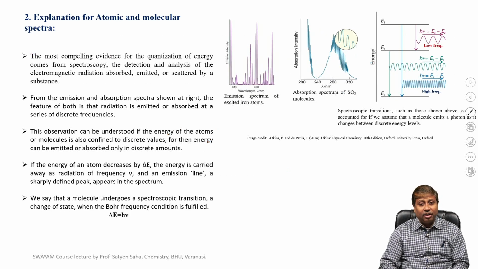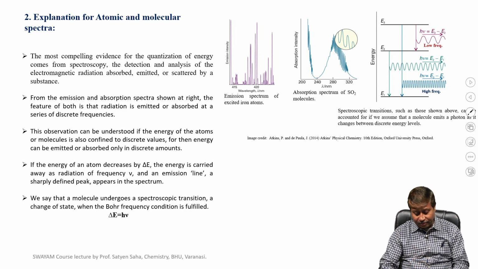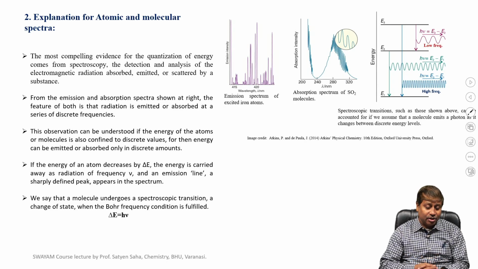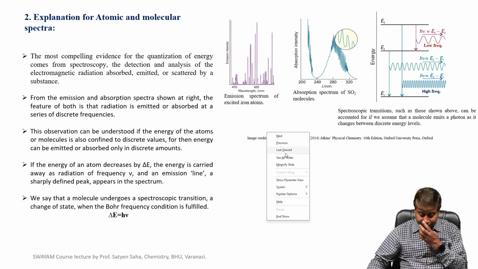Now, we are trying to understand how to explain the light. Another experimental observation that shows that light cannot be explained as just a wave is the emission spectrum or absorption spectrum.